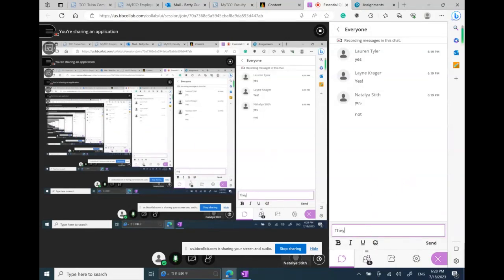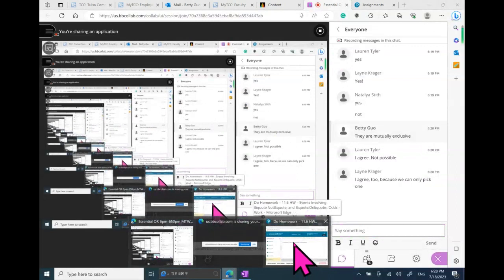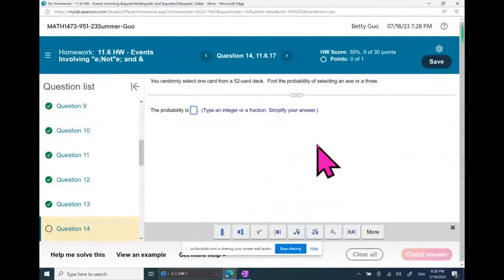Yeah, it's not possible for them to occur simultaneously, so they are mutually exclusive. Awesome, perfect, so we are the same. Thank you, Lane. Thank you, Lauren. Because we can only pick one card. Exactly. So now we know they are mutually exclusive.